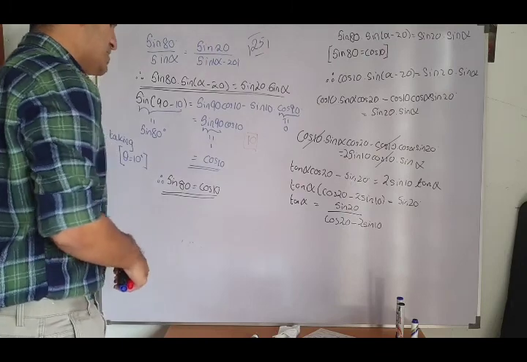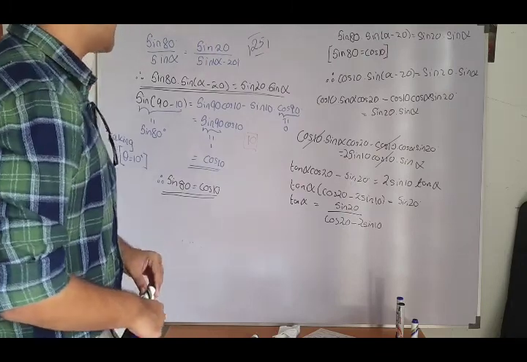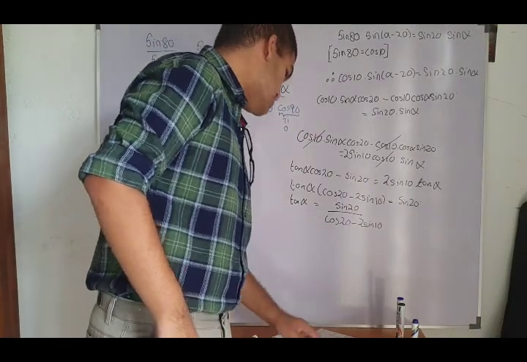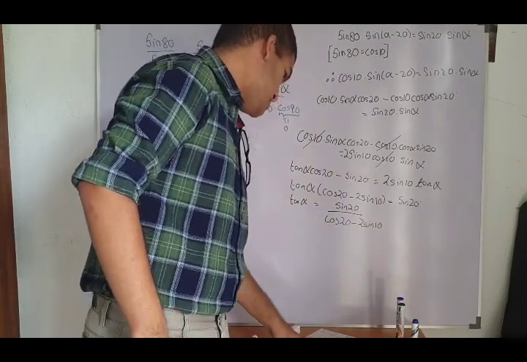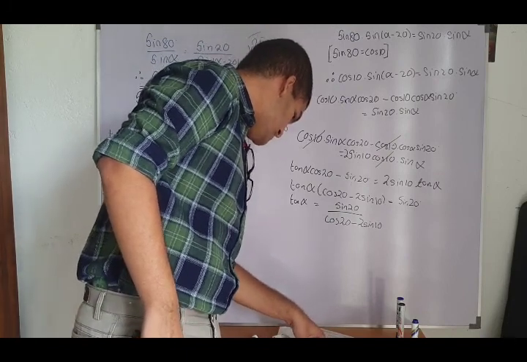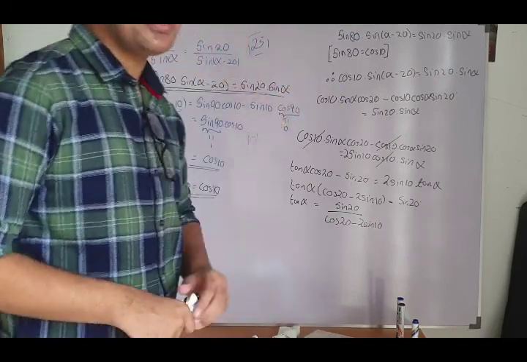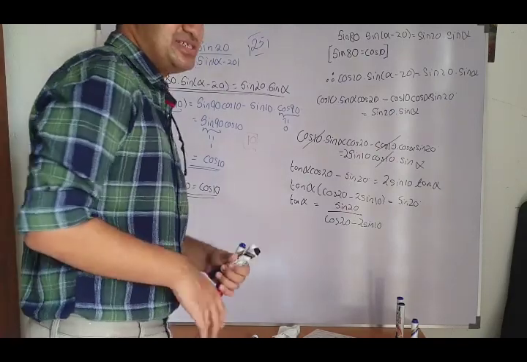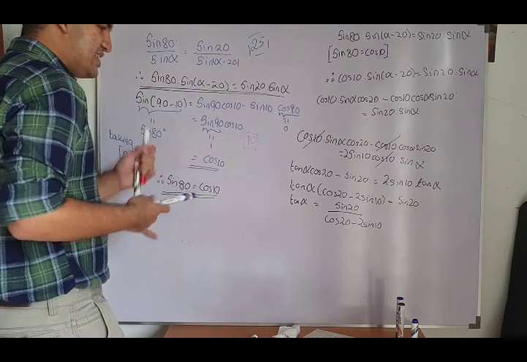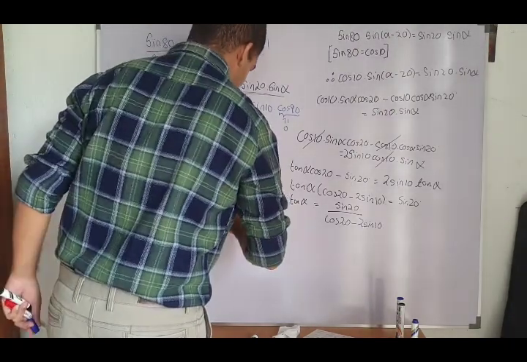We have another relation: 2 sine 10 was equal to cos 20 minus root 3 sine 20. So they have given the hint there itself. You can see how easy this question is.